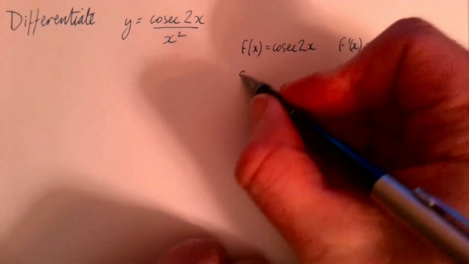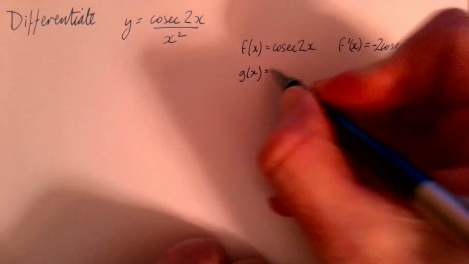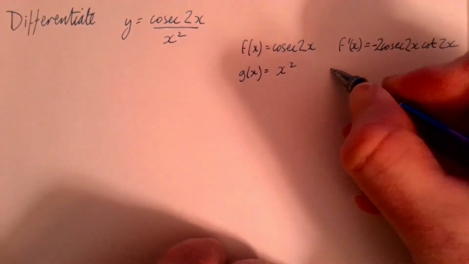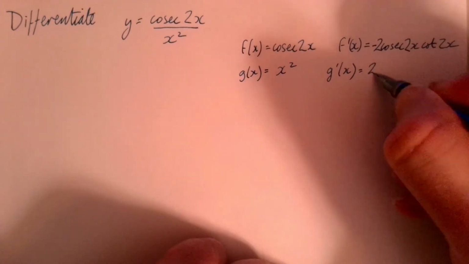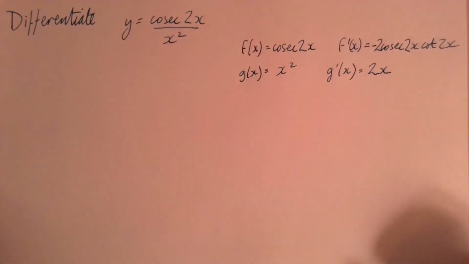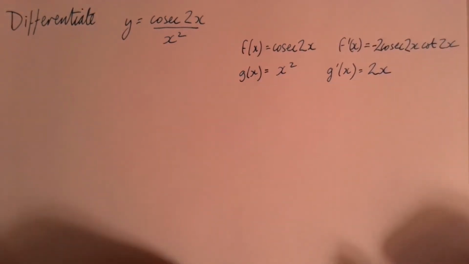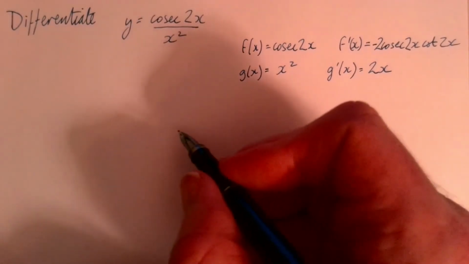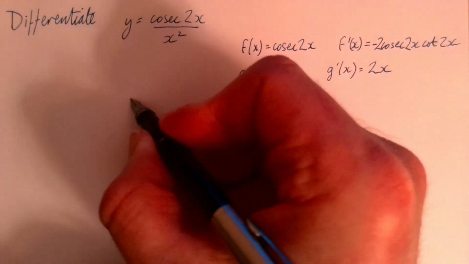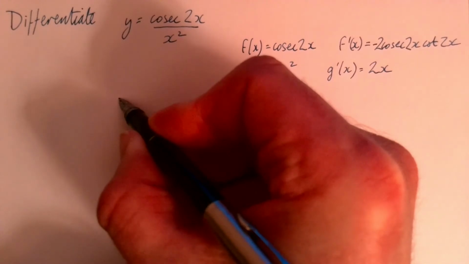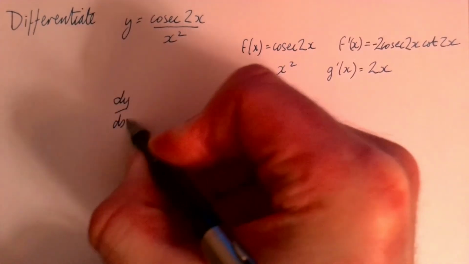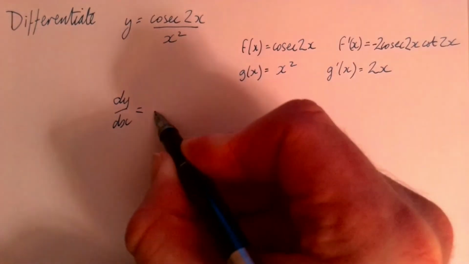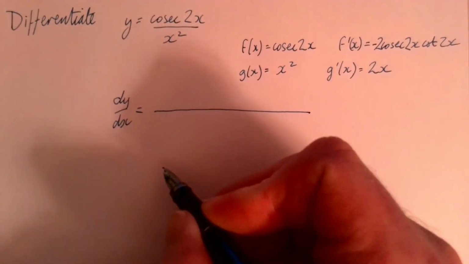Then we've got on the bottom, our function is x squared, and differentiating that is rather nice, isn't it? Just 2x. Now we just need to fill it in according to what's there in the formula booklet, and we can say that dy by dx is going to equal, and then start popping it in.